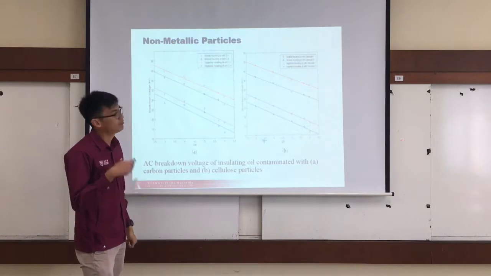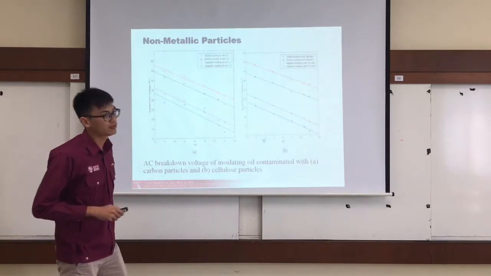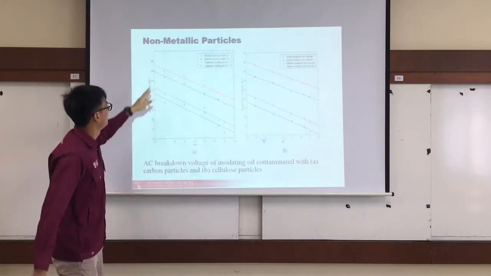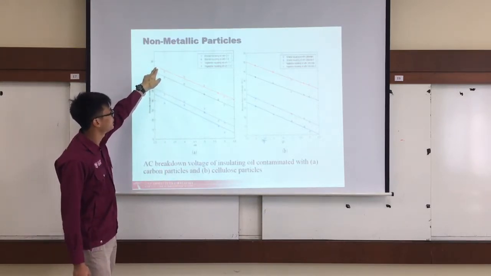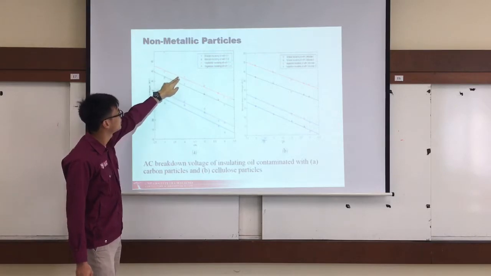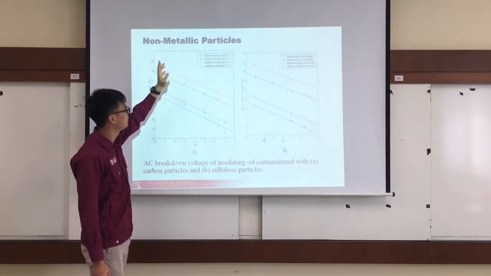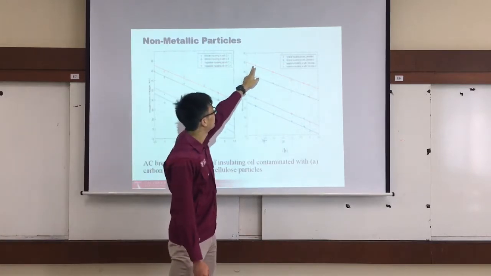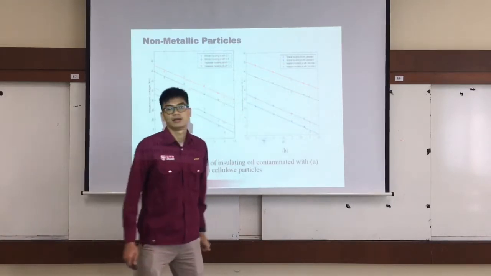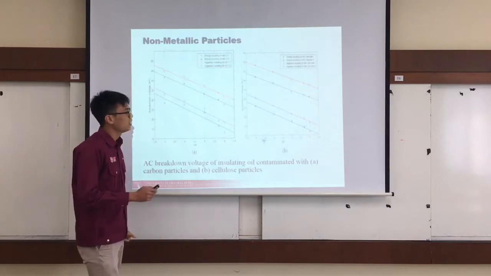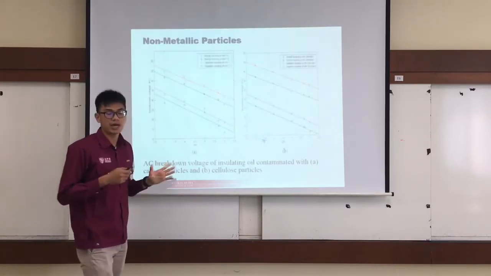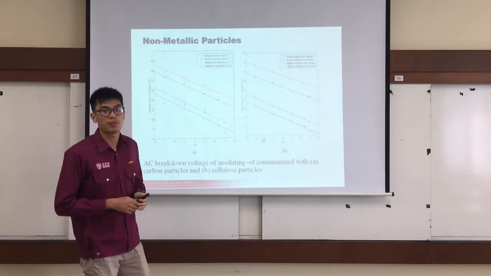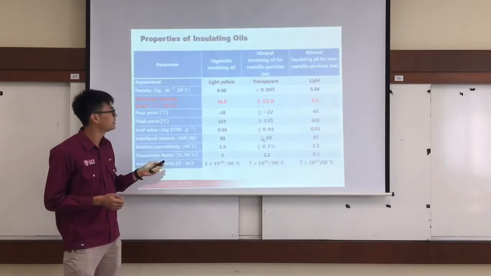For the next test, the non-metallic test, the presence of carbon particle or cellulose particle shows that the decrease in breakdown voltage in vegetable oil is higher than the one in mineral oil. And what I can find in this test is the viscosity of the vegetable oil is higher, as shown just now in this table.